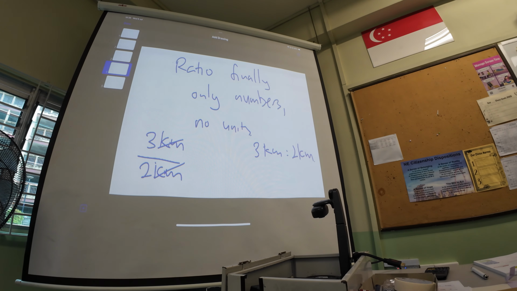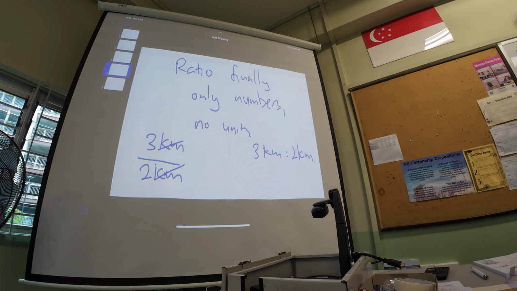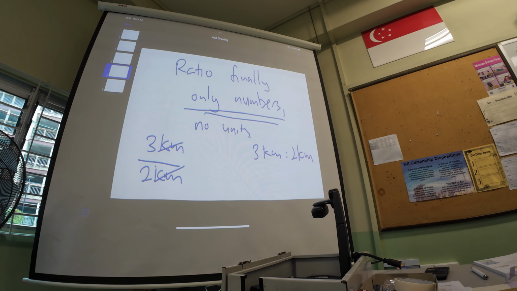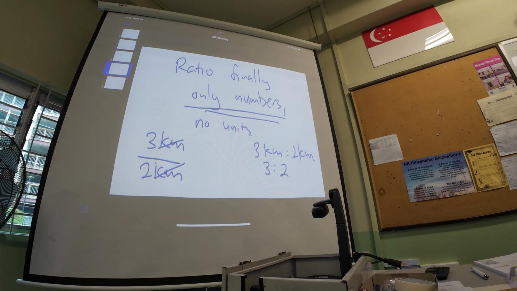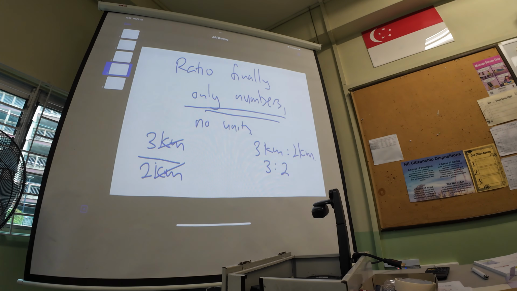So in ratio, remember, finally only numbers. We cannot have any units in the most simplified form. For 3 kilometers to 2 kilometers, finally we just write 3 is to 2. We don't write any units for ratio. Ratio is just a comparison in numbers already.